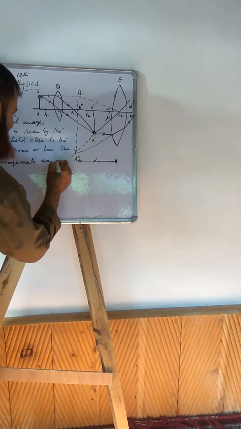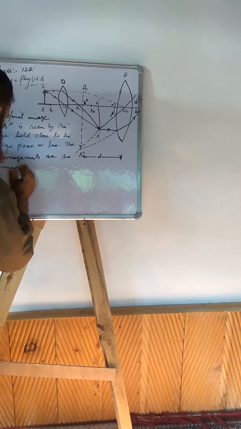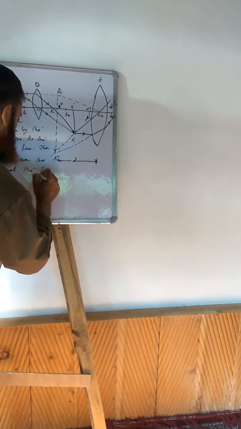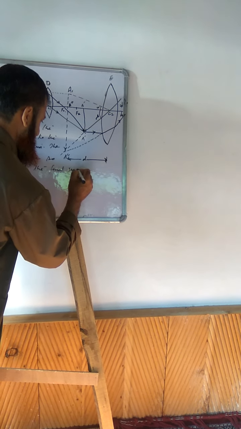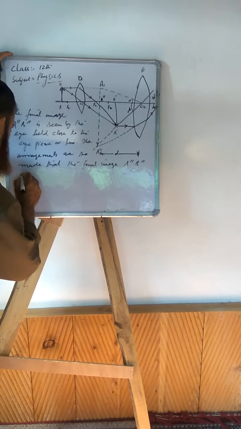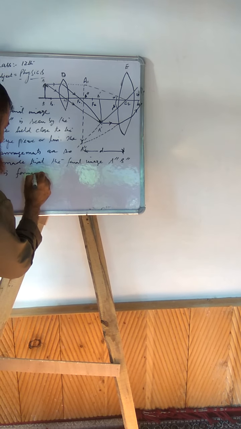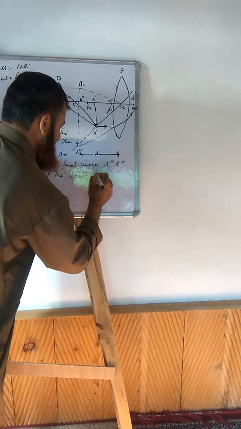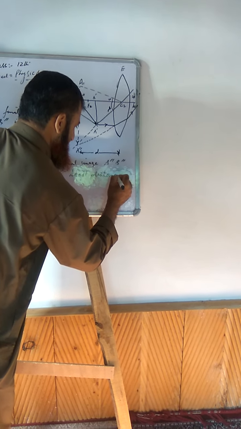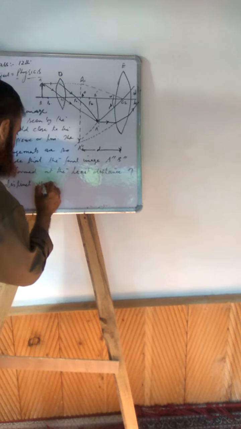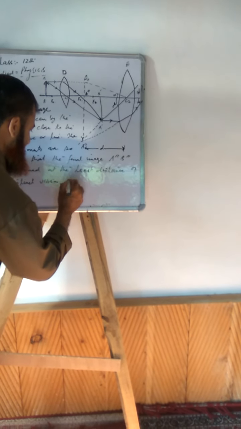The arrangements are so made that the final image A double dash B double dash is formed at the least distance of distinct vision.